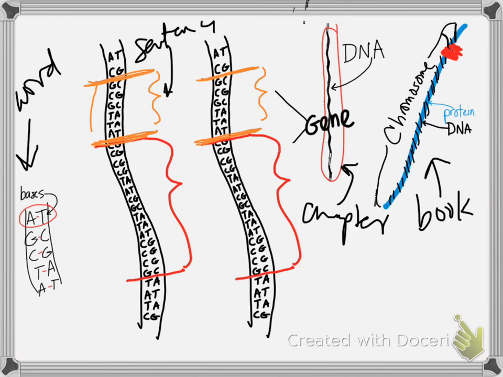If that book is How to Bake Bread, with all the recipes for different kinds of bread in it, the lovely little loaf of bread that you produce for your ever so appreciative and impressed family, that's like the protein. Because the protein is what the DNA tells you how to make. It's what those genes tell you how to make. So it's what gets coded for.